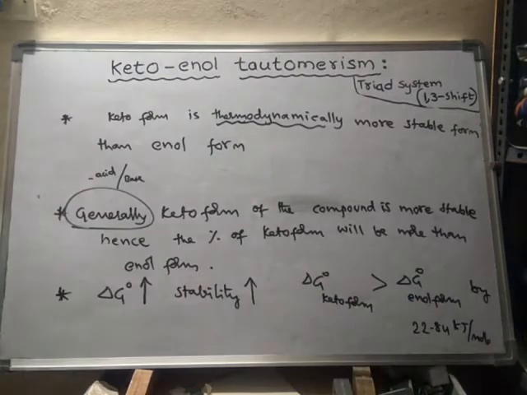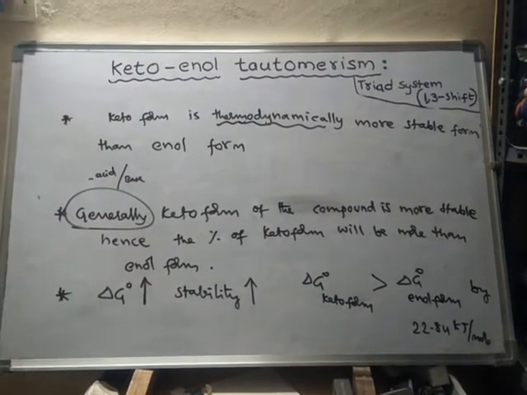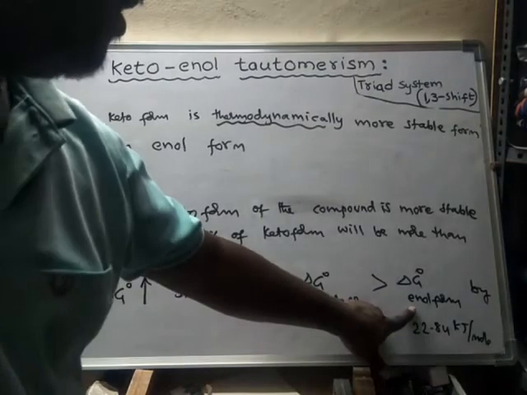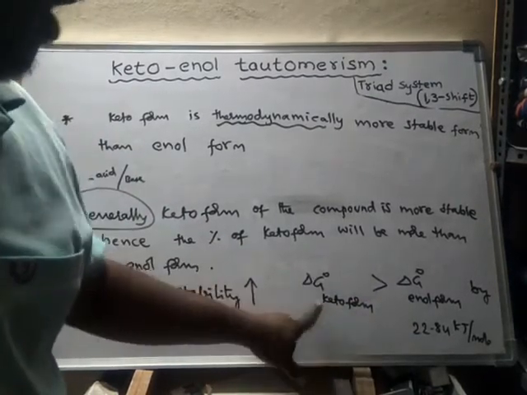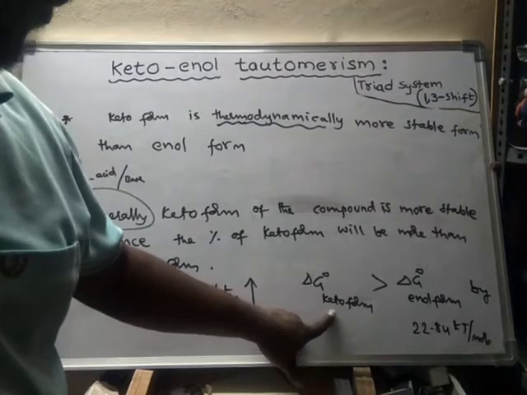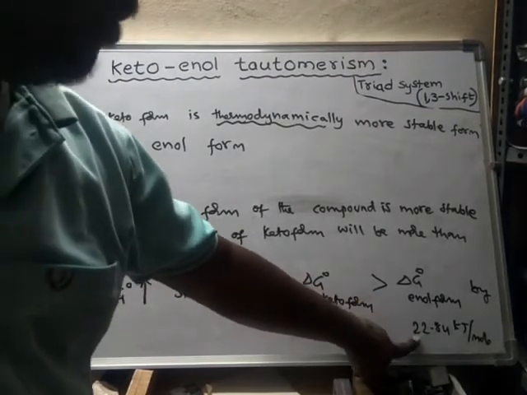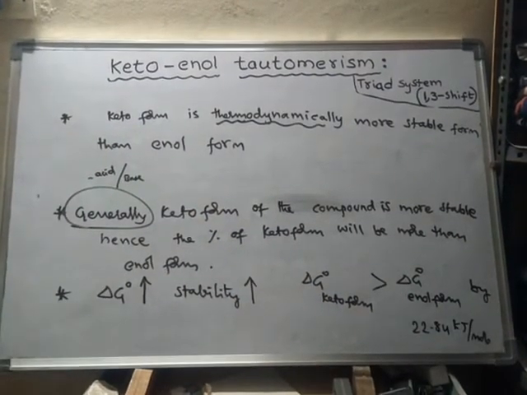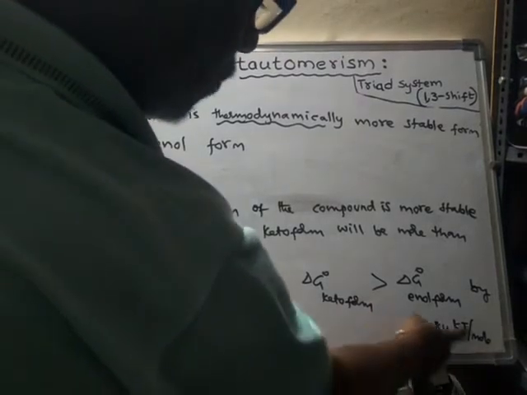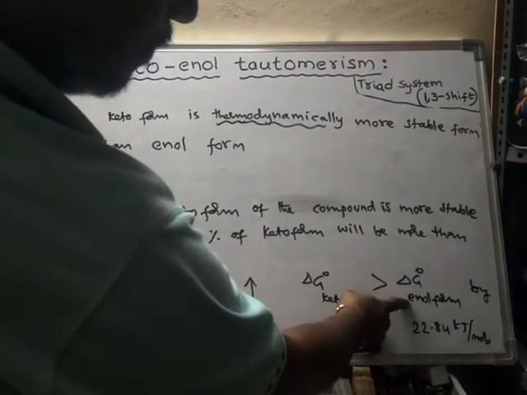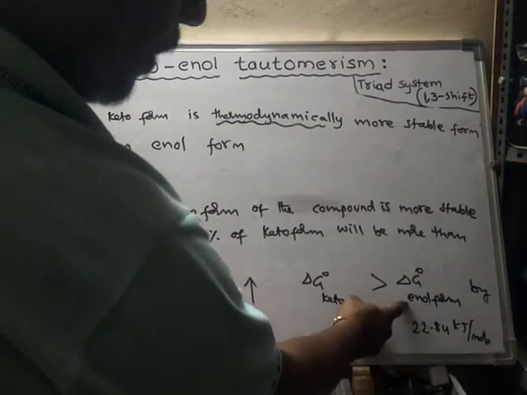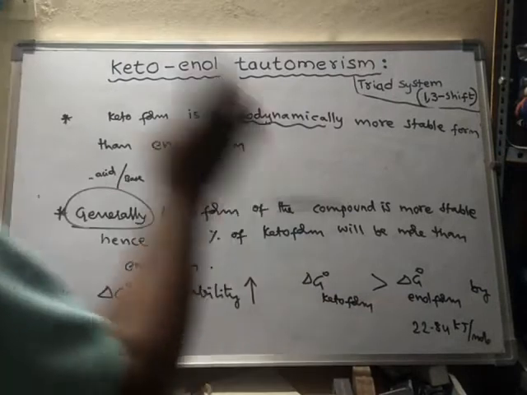So keto form has more change in Gibbs free energy than enol form, by 22.84 kilojoules per mole. Suppose you supply this much amount of free energy to enol form, then it will be as stable as keto form.